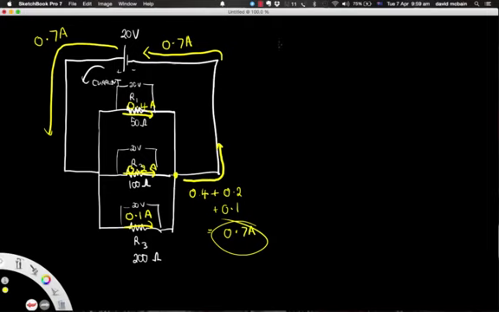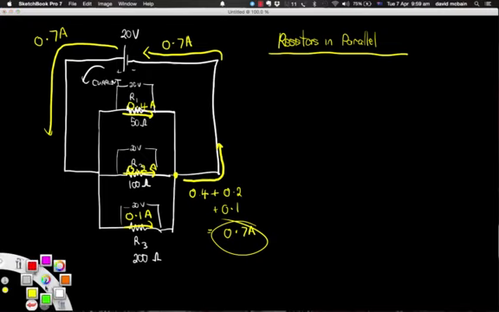So, resistors in parallel. Okay, the formula, and I'll put this in a different colour, is 1 over the total resistance.